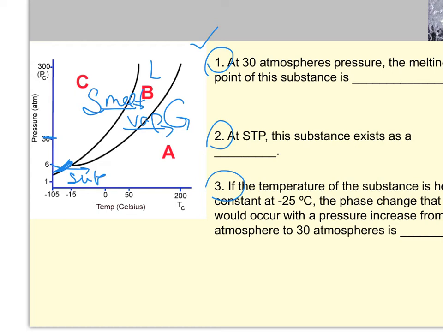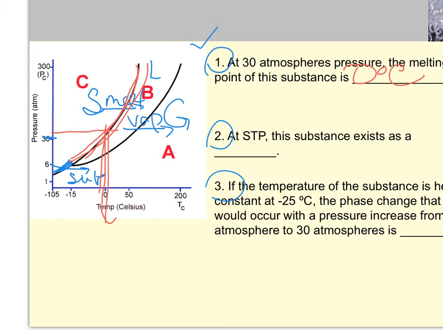Just so I don't make a silly mistake. So if I'm at 30 atmospheres, that's very high pressure. Remember, normal atmospheric pressure is 1. The melting point of the substance, so I want to go to the melting curve. Make sure you go to the right line. And then I want to drop down and see what the temperature is. So it's around 0 degrees Celsius.